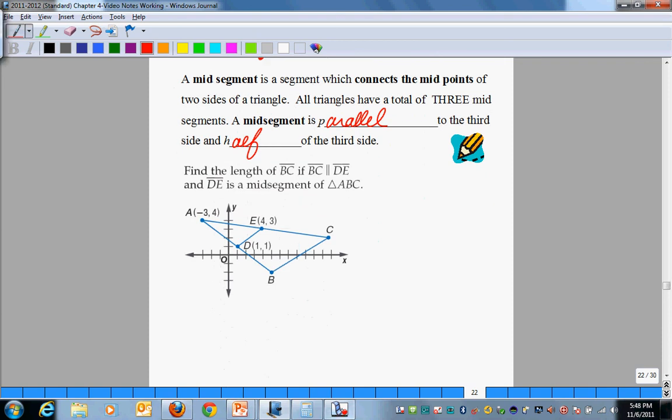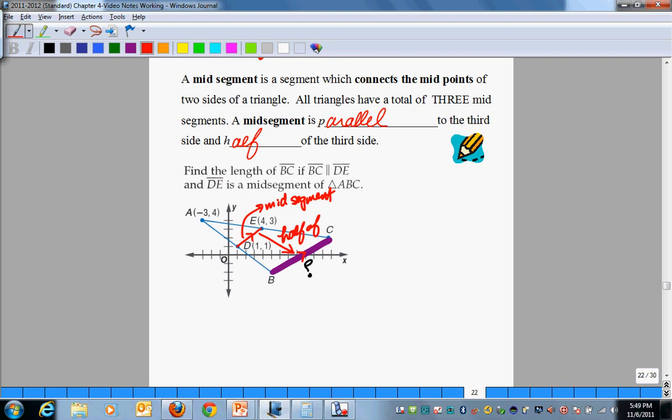So in this one, we are given to find the length of B to C. So that is our unknown there. But we're told that BC is parallel to DE, and the fact that DE is a mid-segment, by definition, means it is half of BC.